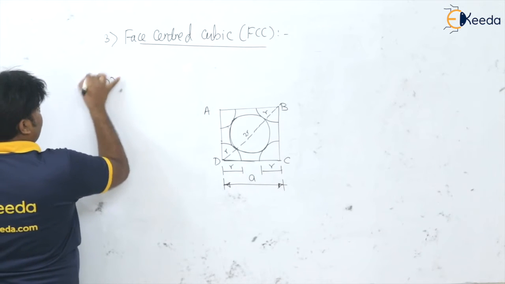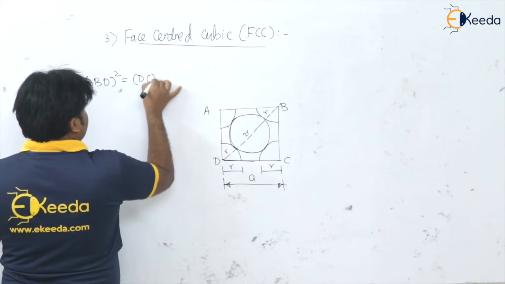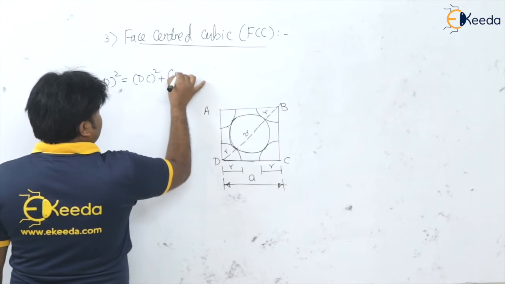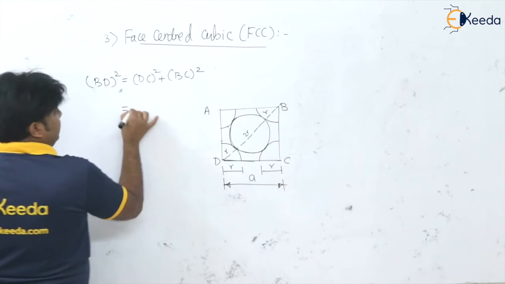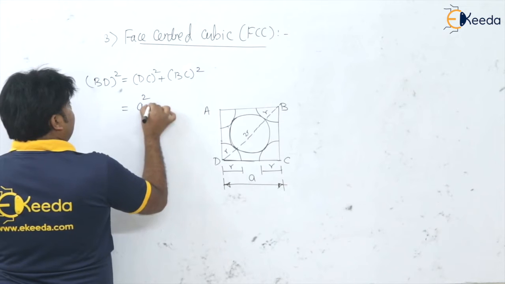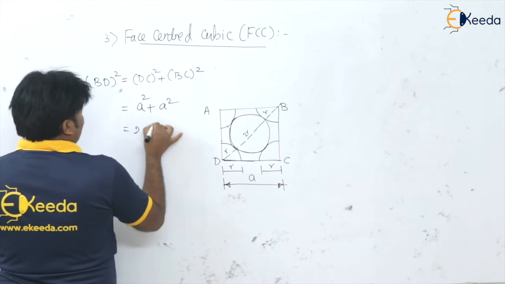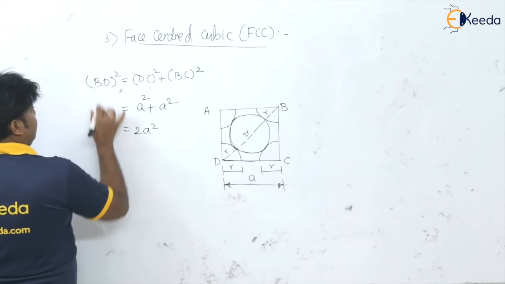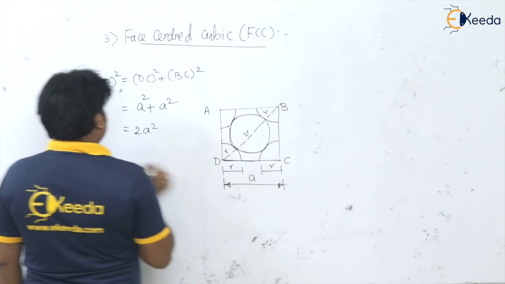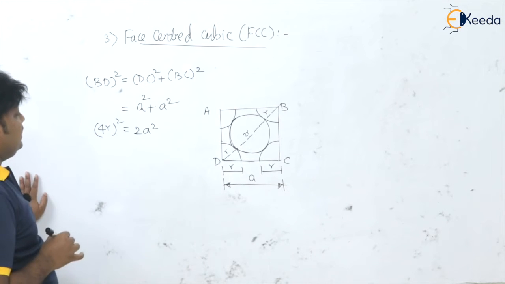BD square is equal to DC square plus BC square, isn't it? DC and BC are the same, having side A, so A square plus A square, that is 2A square. And BD is how much? R plus 2R plus R, that is 4R, whole square, isn't it?